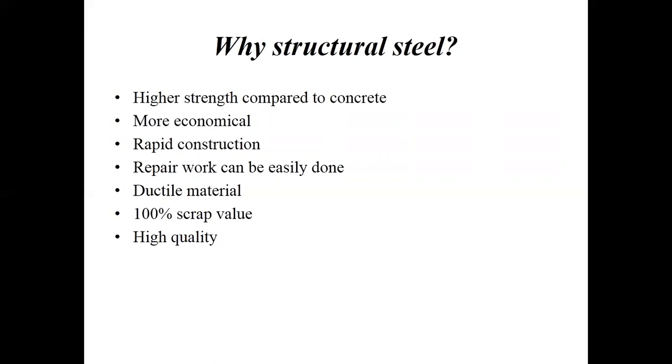The first one is that it has very good strength when compared to conventional concrete, because the minimum grade of steel is 250 Newton per mm square, that is 250 megapascal, which is the yield stress. For concrete, the minimum grade we use in construction is M20. FCK, the characteristic strength of concrete, is 20 Newton per mm square.